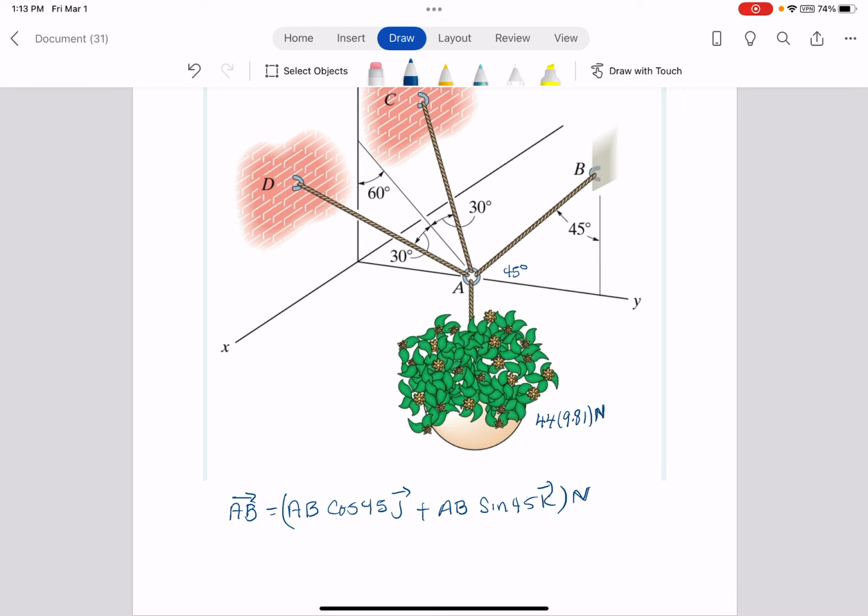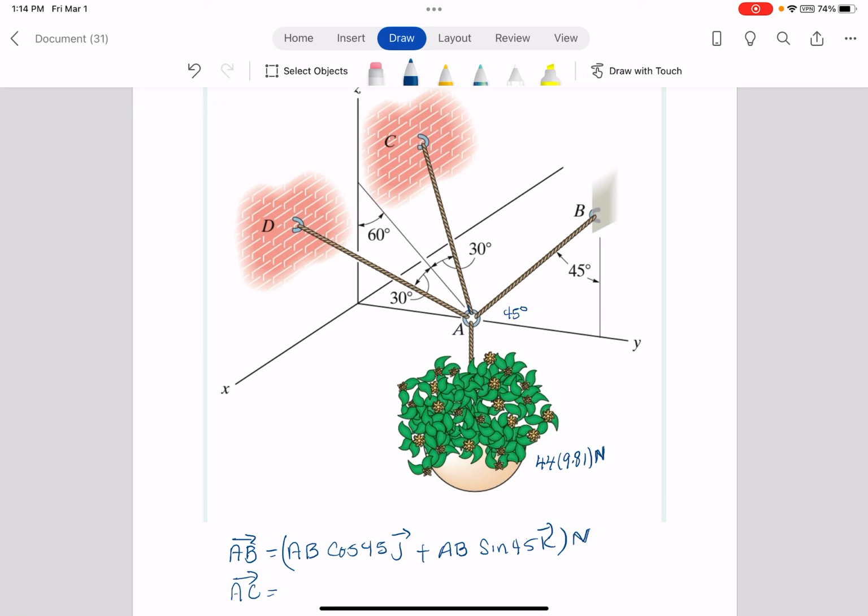Now, you could look at AC, cable AC. This is cable AC. This is the tension of cable AC. When you do a projection, cosine 30, which is toward this line, this line is going to make it in the y and the z only.